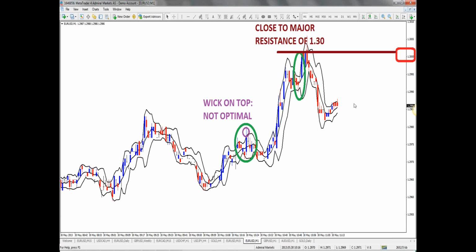So let's take a look again at the same chart of today. And you can see that this green circle in the middle here, there's a bit of a wick there. So that would disqualify that one.